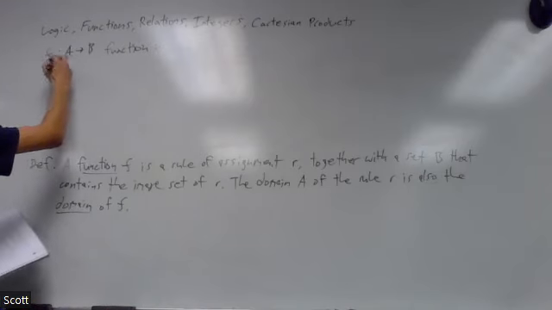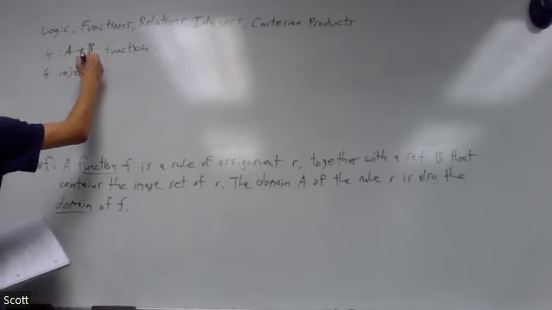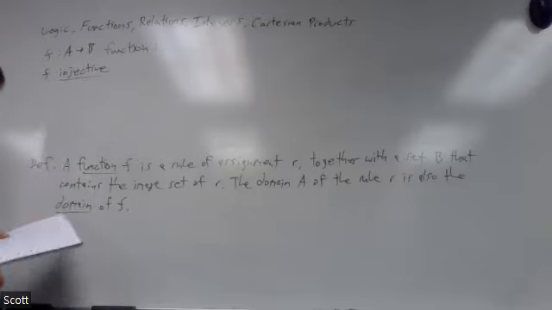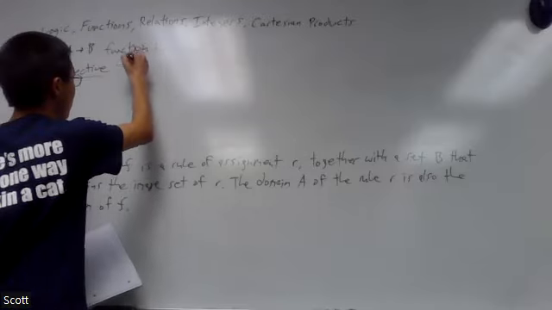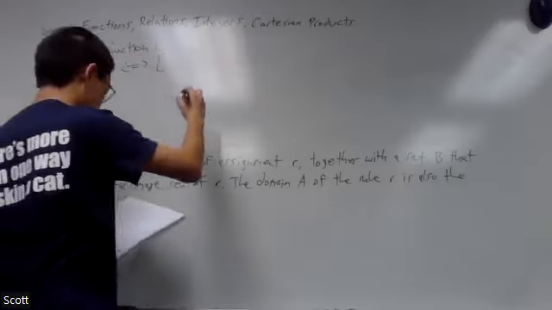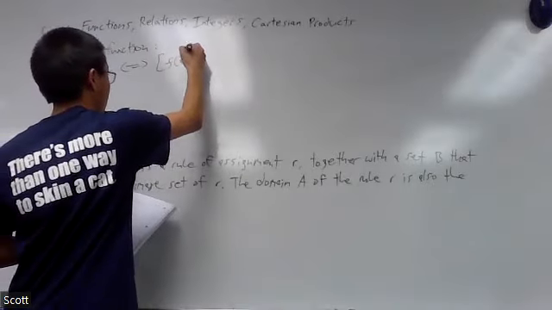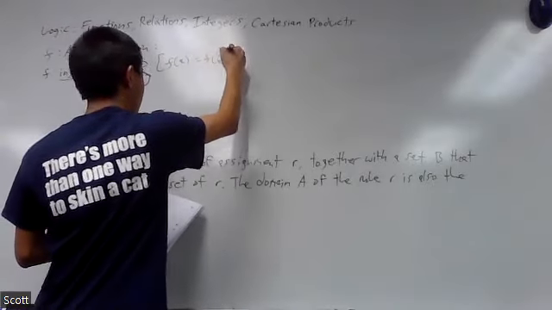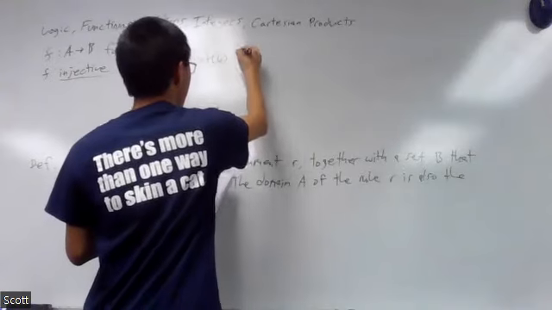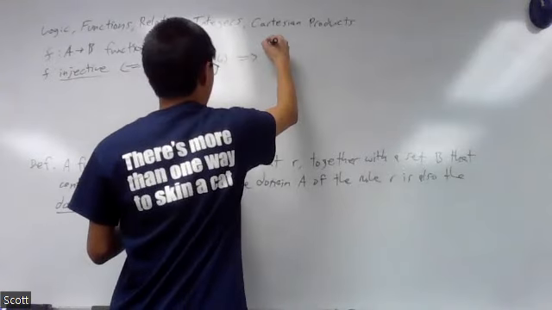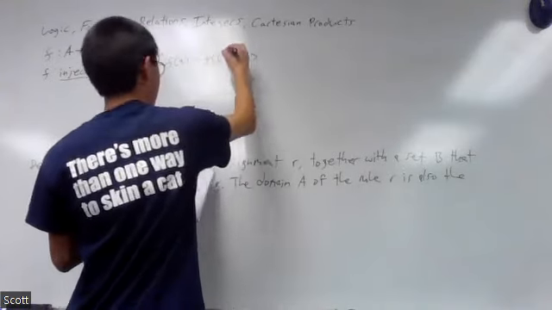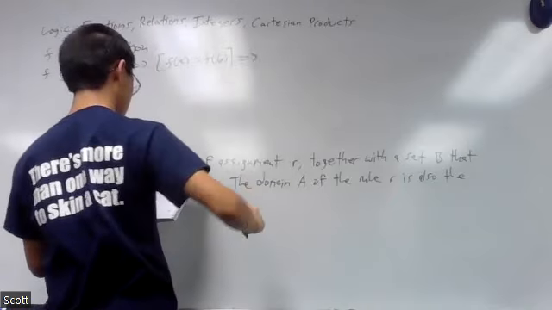then we have that F is injective if and only if we have that F of A being equal to F of B can only be true if we have that A equals B. Whoops, I forgot to put this bracket there.